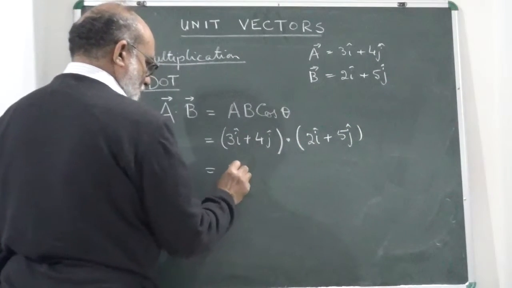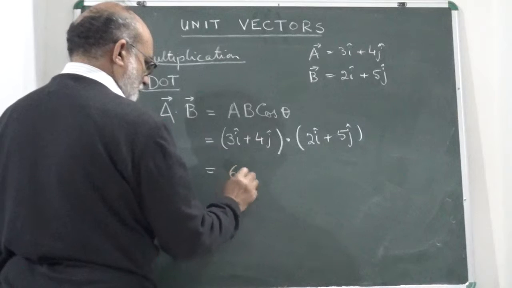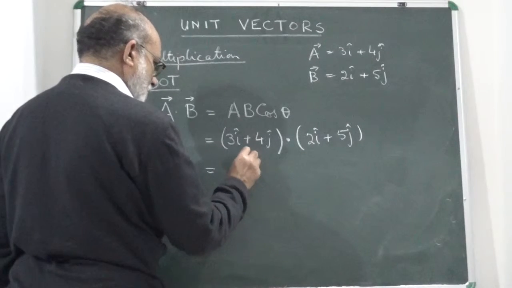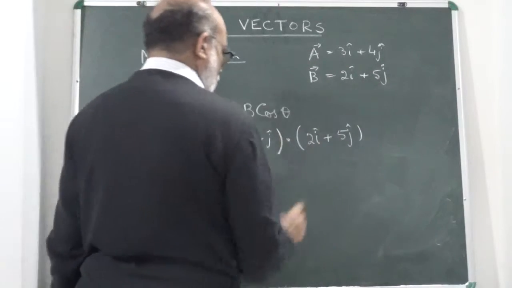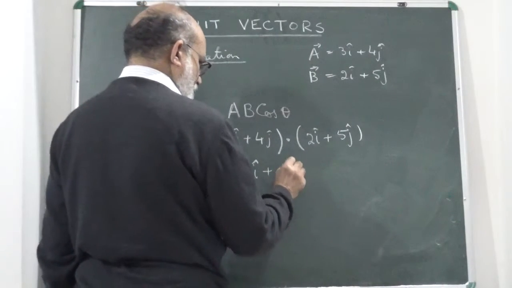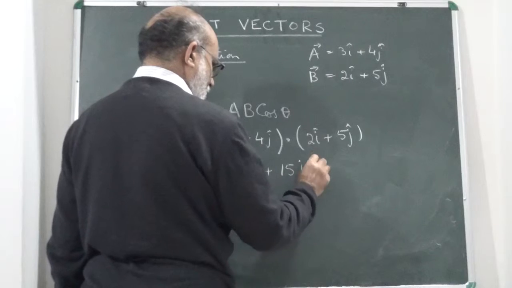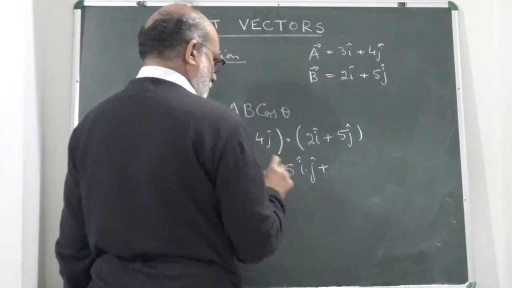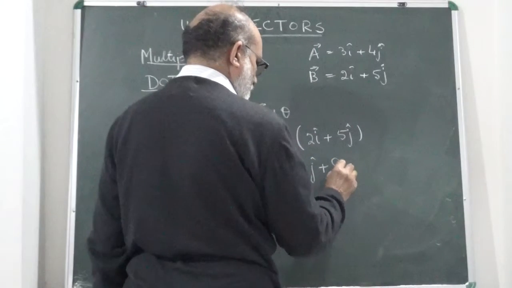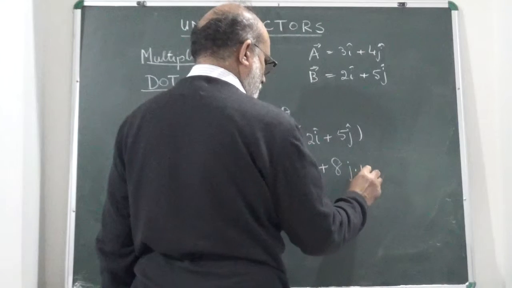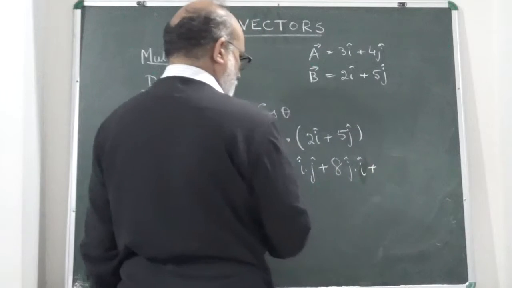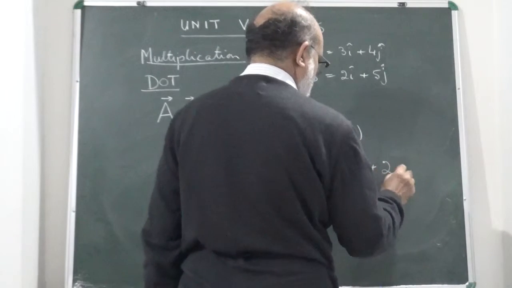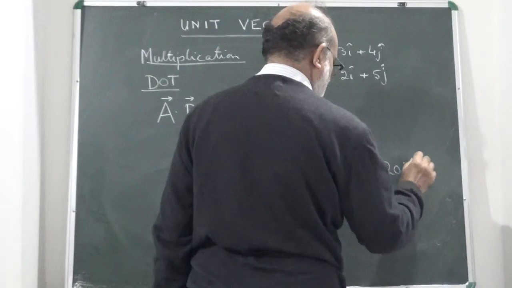3 into 2 is 6 and this is i dot i, plus 3 into 5 is 15 i dot j, now 4 into 2 is 8 j dot i, plus 4 into 5 is 20 j dot j.